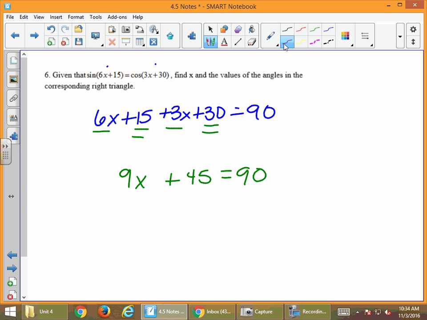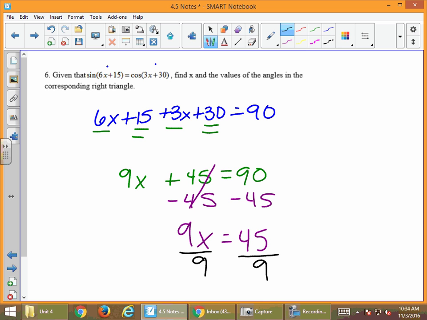Get x by itself. Subtract it. And then what do we have to do with the 9? So x ends up equaling what?